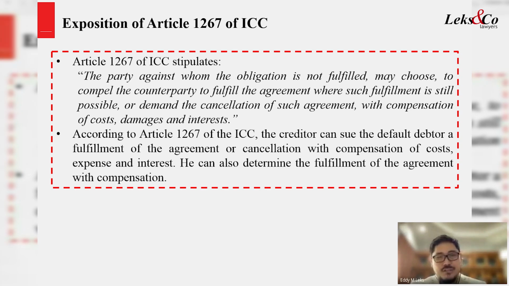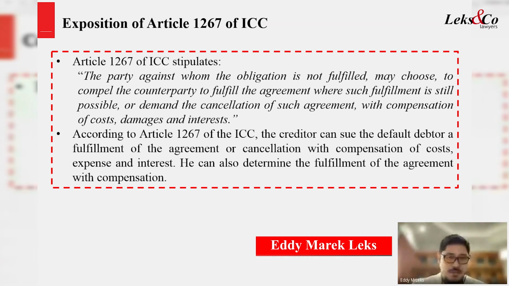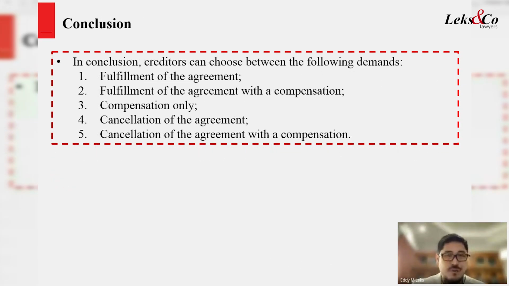So according to Article 1267, the creditor can sue the default debtor for fulfillment of the agreement. It can also demand cancellation. So in conclusion, creditors can choose between the following demands: fulfillment of the agreement. You just have to fulfill it. Fulfillment of the agreement with compensation, and you have to do it with the money. Or just compensation.